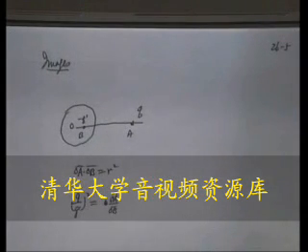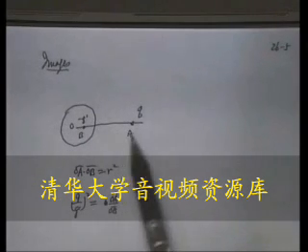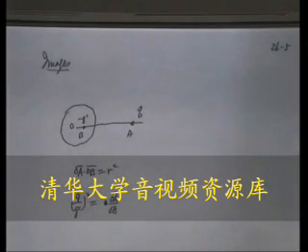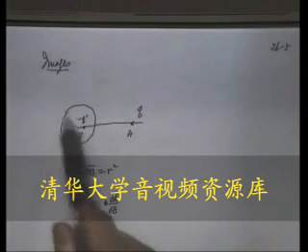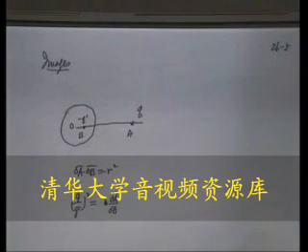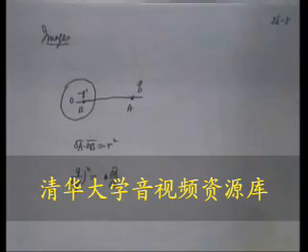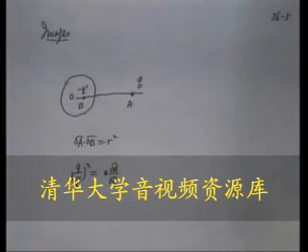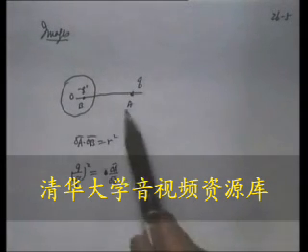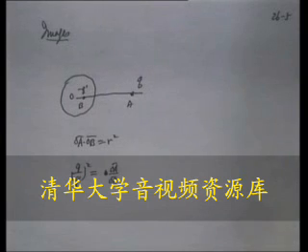So you know OA, you know OB, so you know the ratio of the Q, and therefore you know what charge to put there. And the method of image tells you that if you have this Q and this minus Q prime, then it's guaranteed that this has to be equal to 0. And then the outside electric field produced by Q and minus Q prime is identical with the electric field for the case of Q with a conducting sphere at V equal to 0.